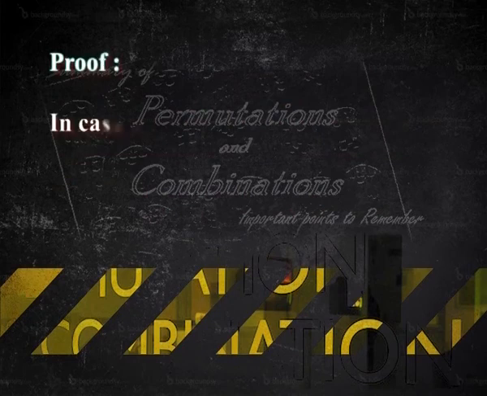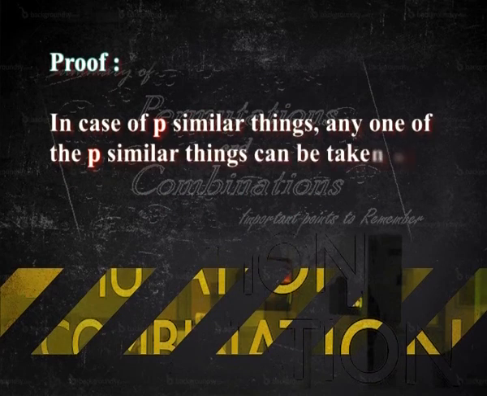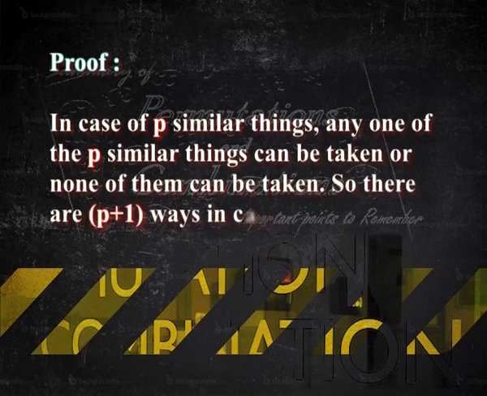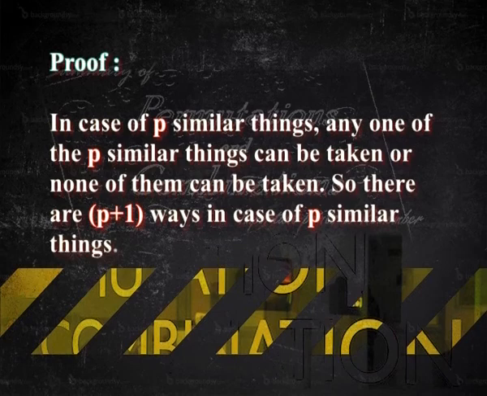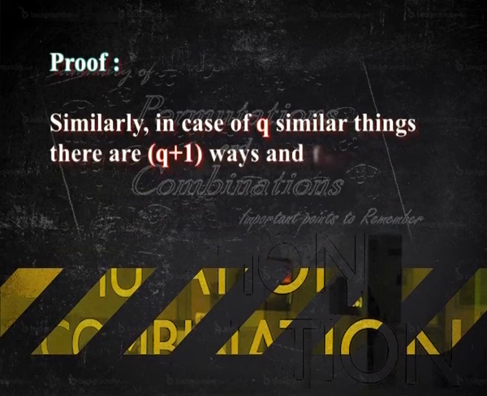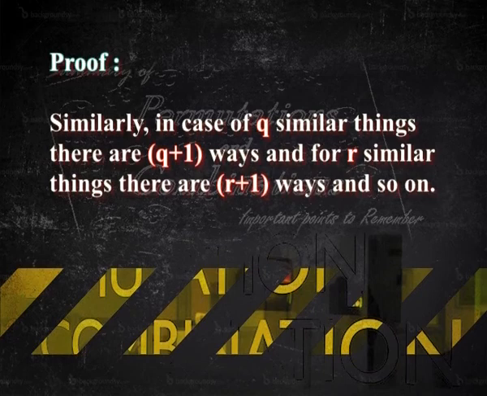Now let's see the proof for this. In case of p similar things, any one of the p similar things can be taken or none of them can be taken. So there are p plus 1 ways in case of p similar things. Similarly, in case of q similar things, there are q plus 1 ways. And for r similar things, there are r plus 1 ways, and so on.